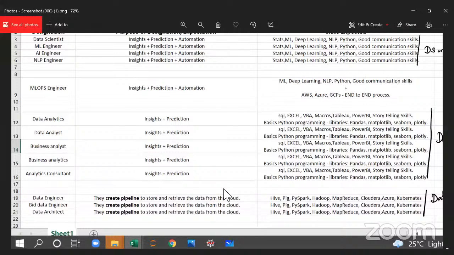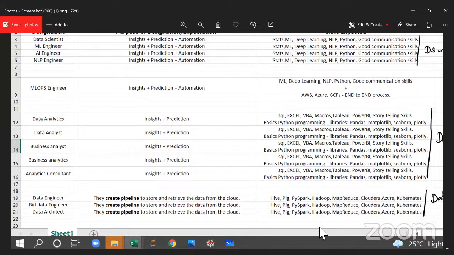In a similar way, when data is getting stored in cloud databases, it needs to have a very smooth pathway so that it lands properly. And if you want to extract the data from the cloud, it again needs to be in a good format so that we can extract it easily. For that reason, data engineers, big data engineers, and data architects are getting hired, and their major skill set is a lot of frameworks: Hive, Pig, PySpark, Hadoop, MapReduce, Cloudera, Azure, and Kubernetes.